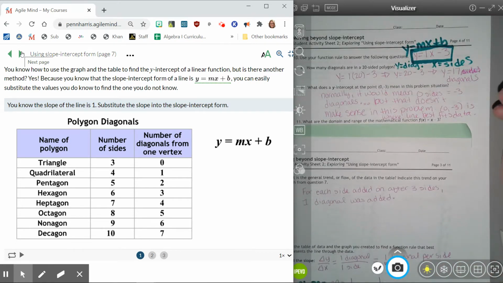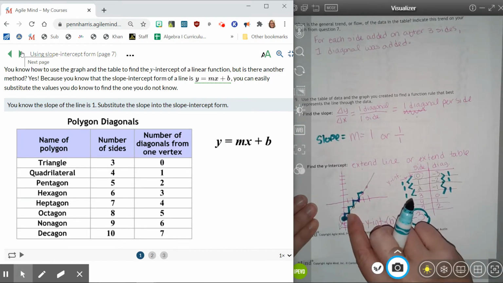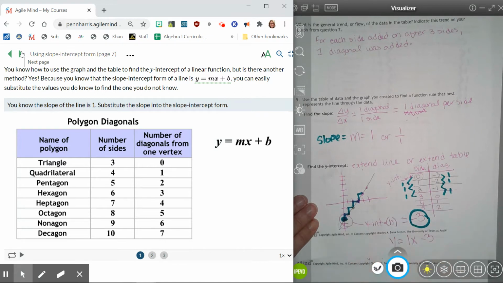We can't have a 0-sided shape. But what that is, it's what we call the line of best fit. If it continued going in both directions forever and ever, that's where it would cross.